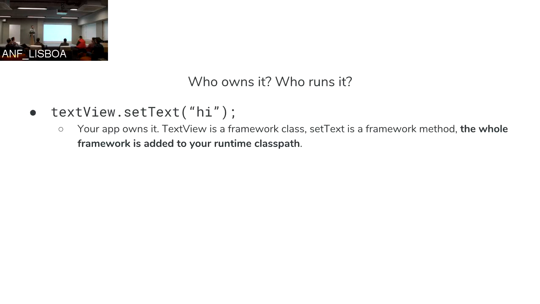This doesn't leave your process at all. This is framework code that runs in your app. Why? Because the framework, the jar, a bunch of compiled things, is linked to your app upon startup. It runs in your process. Each application has a copy of the framework in its class path, which doesn't fill a ton of memory because of Zygote. Okay? But it's run by your app, which is interesting.